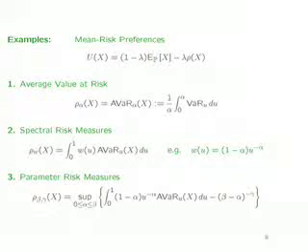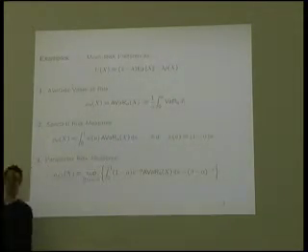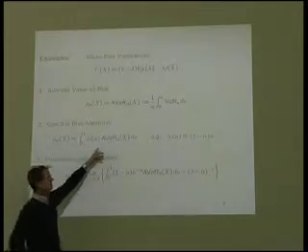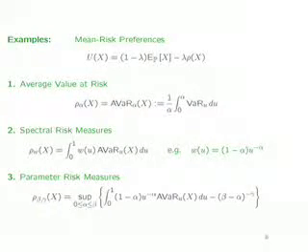Okay, the second thing that you could think of is what has been called a spectral risk measure. So instead of the average value at risk, which is basically a first moment, you average over different average values at risk with different levels. For example, you could average with this power function here, u to the minus alpha.